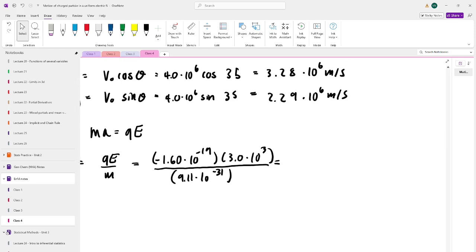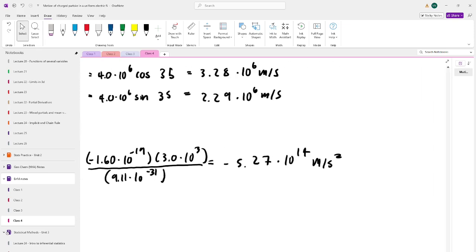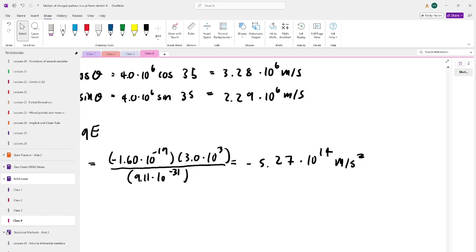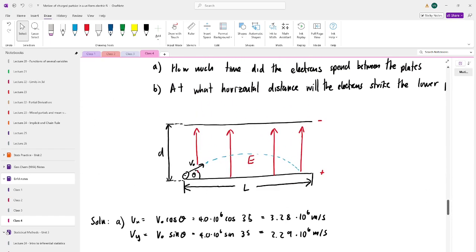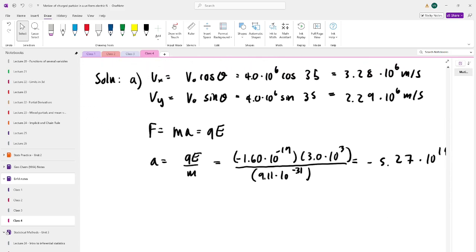We pop this in a calculator, and it should give us minus 5.27 times 10 to the 14 meters per second squared. Of course, it's negative, which makes sense because the particle is experiencing an acceleration towards the bottom in the y direction. Okay, so that's our acceleration.